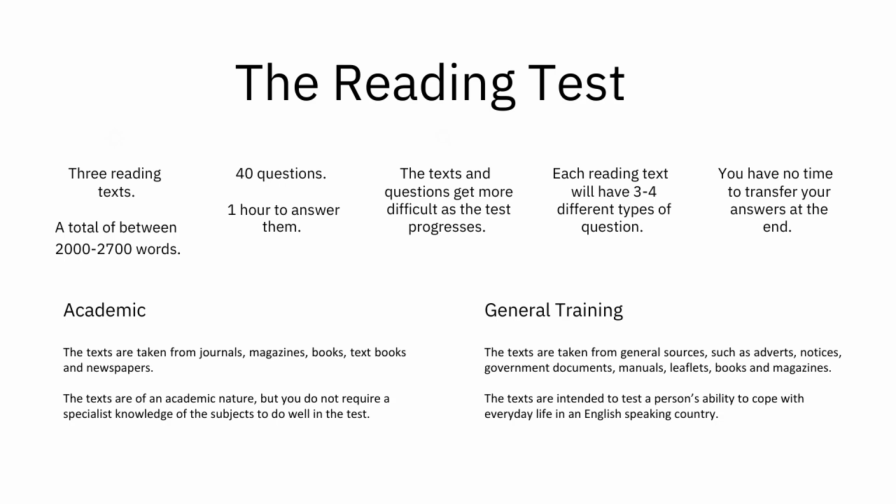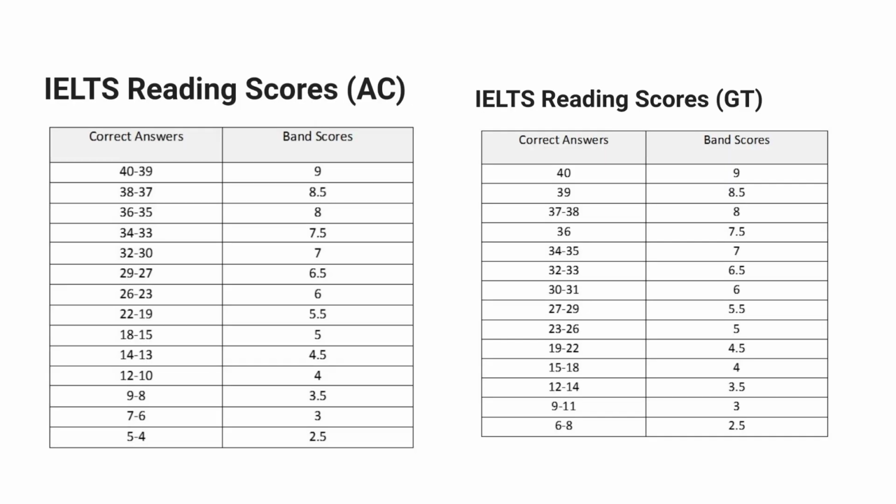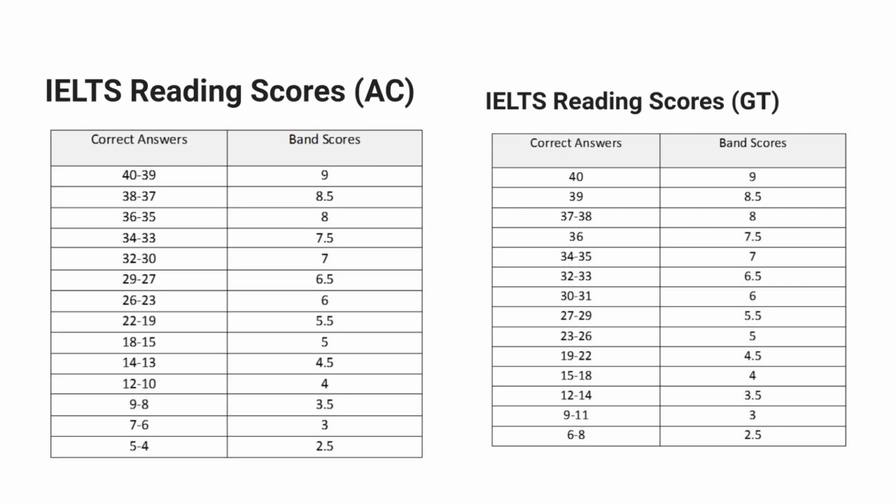But the marking scheme is entirely different. Even if we get only 40 marks in IELTS general, we will get the IELTS score of 9. But if we score around 39 to 40 in IELTS academic, we will get a band score of 9. So we can see the difference in marking scheme.